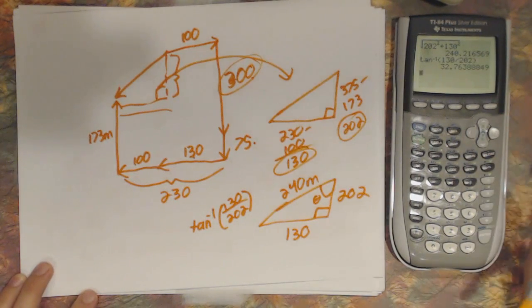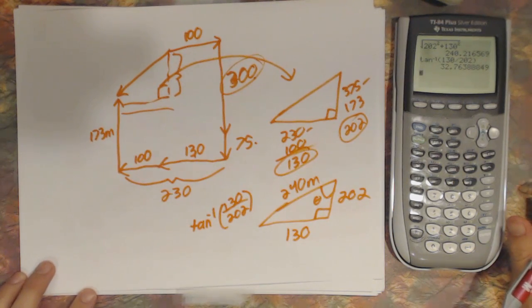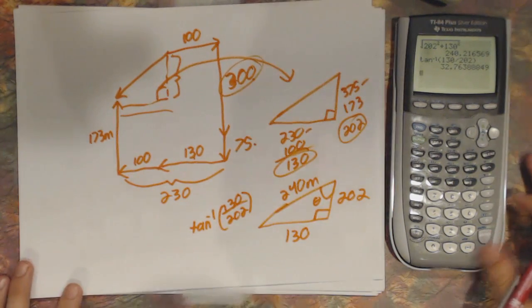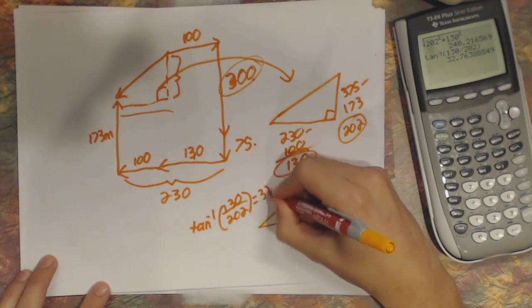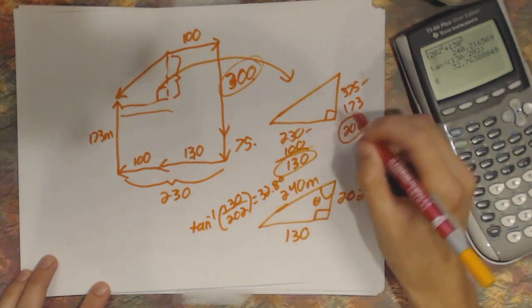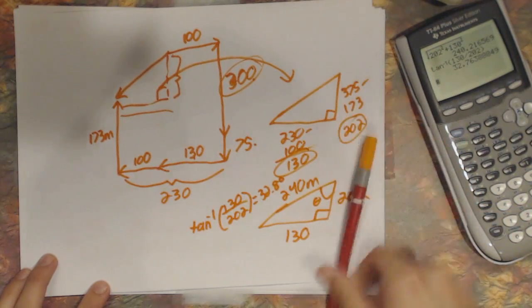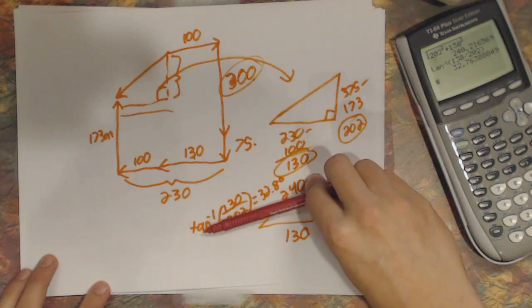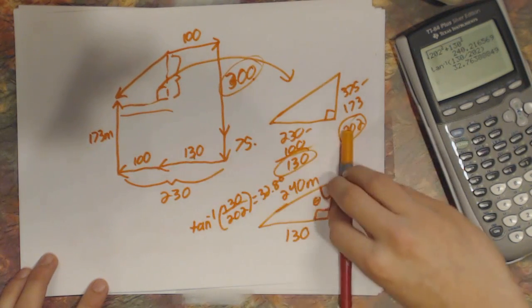Which is going to give us 32.7 degrees. Or sorry, 32.8 degrees. Now we need a direction for that. So that's going to be west of south. This direction south. Move up 32.8 degrees in the west direction. So it's 32.8 degrees west of south.